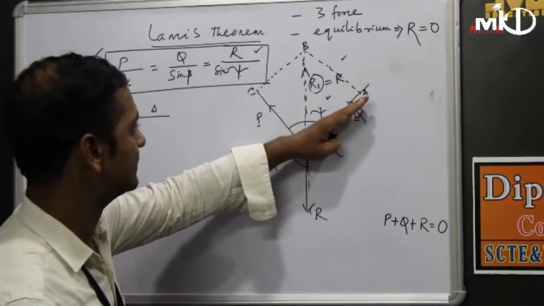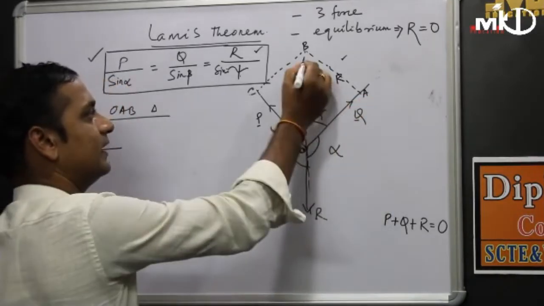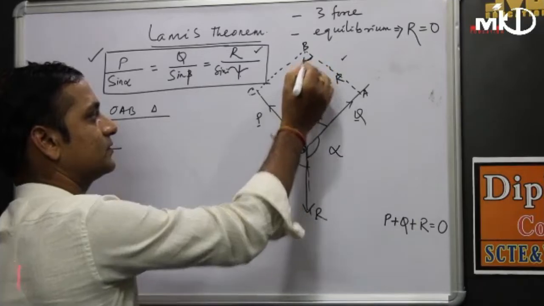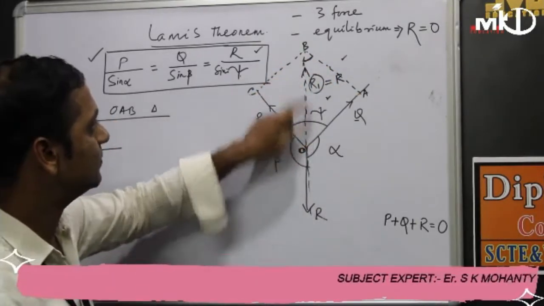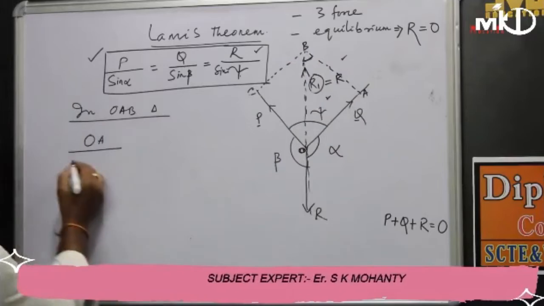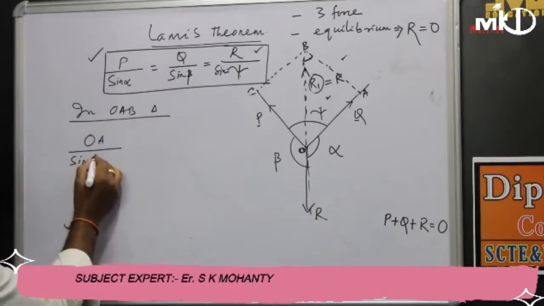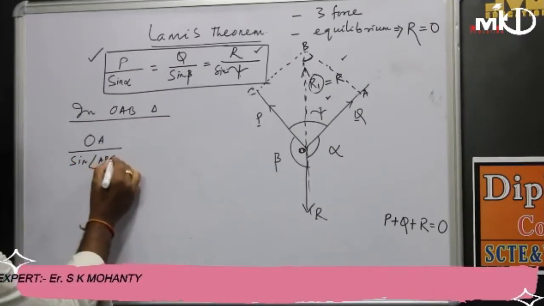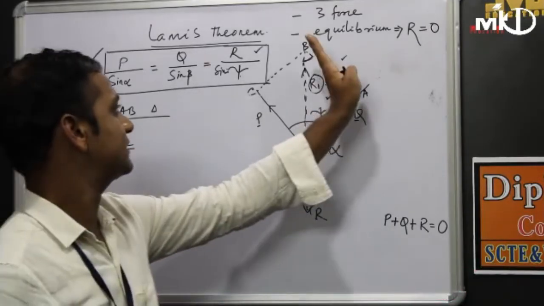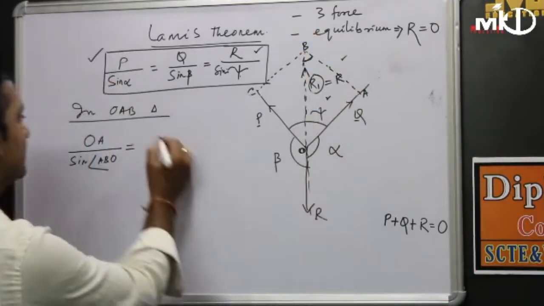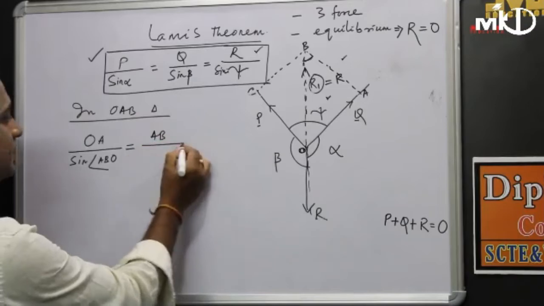So if this is our side OA, उसका opposite वाला angle means that is this one. So that means this name of this angle is ABO or OBA. So that means we can write down OA divided by sine ABO angle. That is equal to OA के बाद आएगा कौन सा side ना, that is AB side. So that is AB divided by which angle?